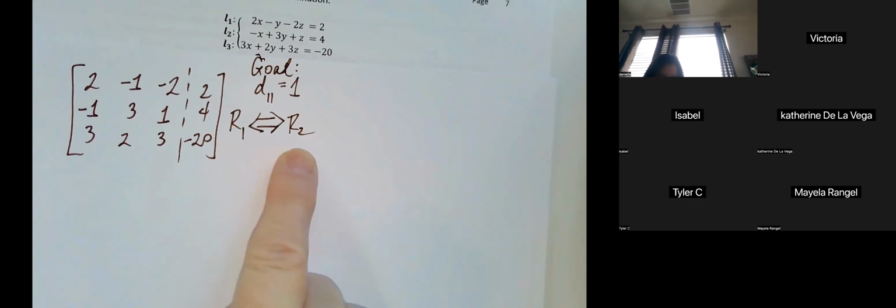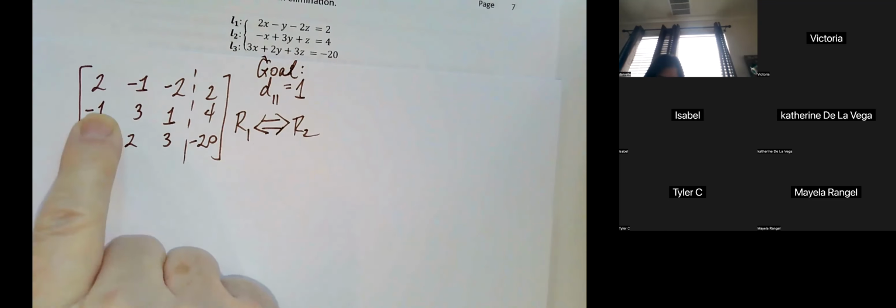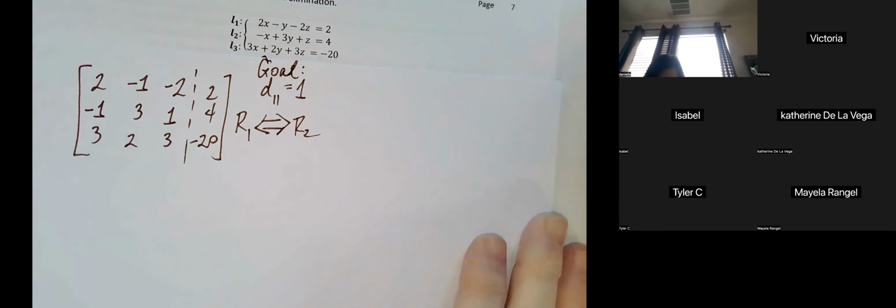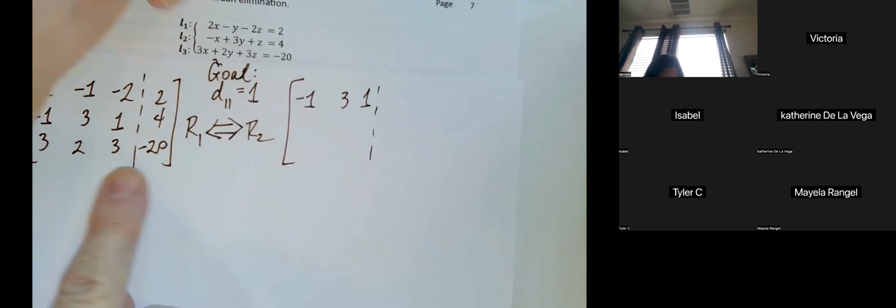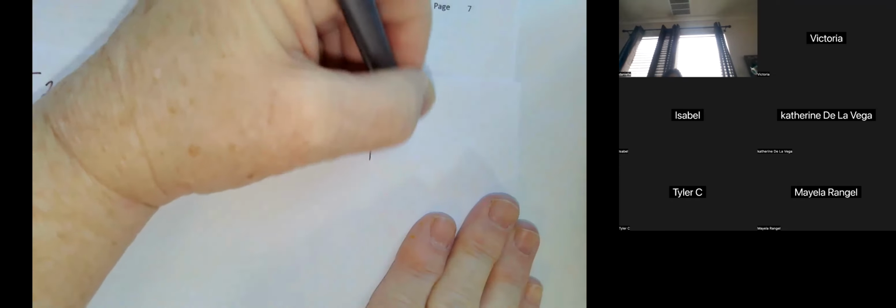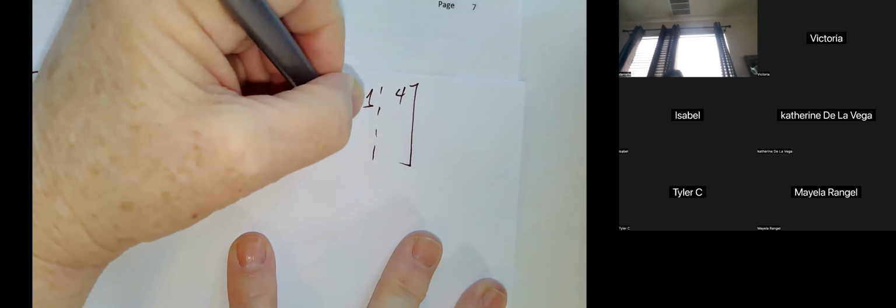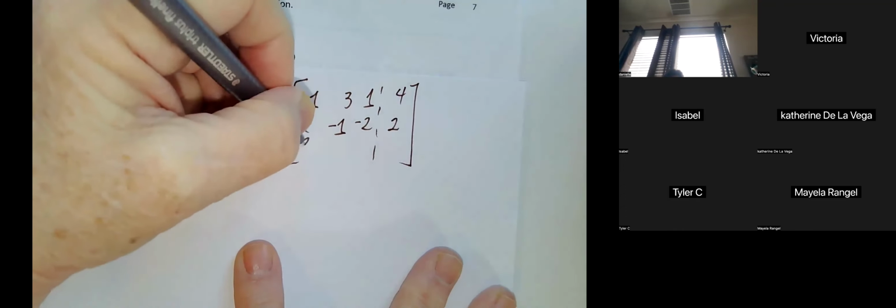So we're going to use this double arrow thing. I'm going to switch rows 1 and 2, and I'm doing that because I already have either a positive 1 or a negative 1 in that column. So I have -1, 3, 1, 4, 2, -1, -2, 2, and 3, 2, 3, -20.